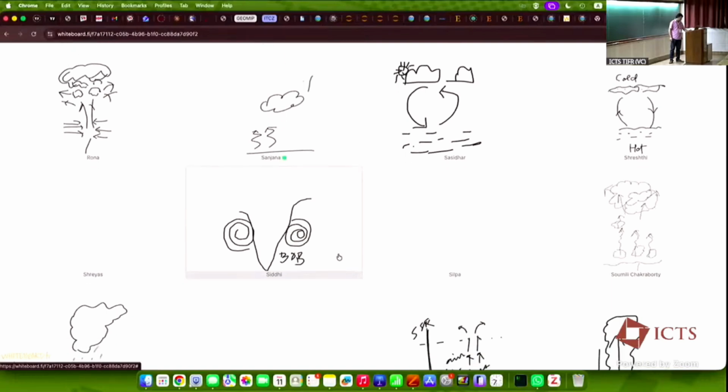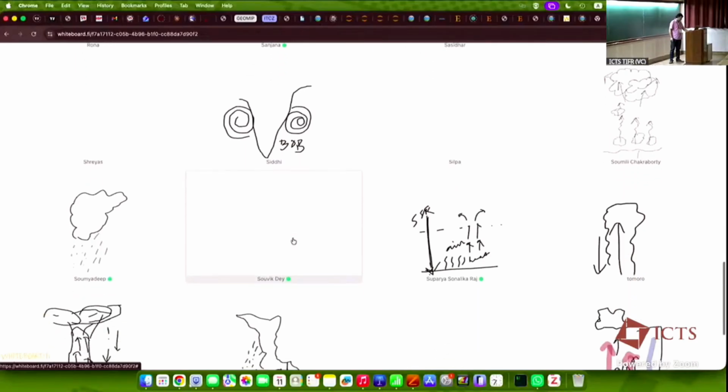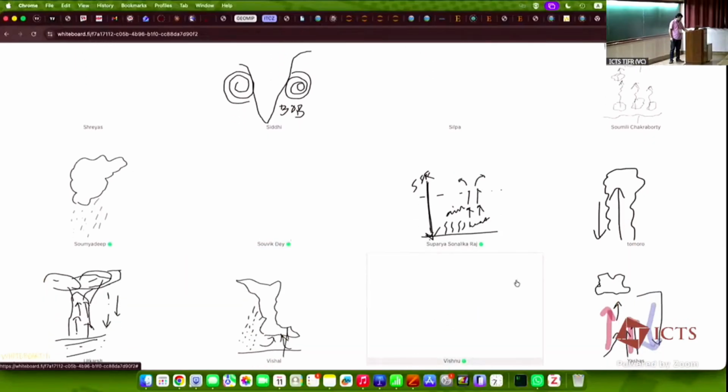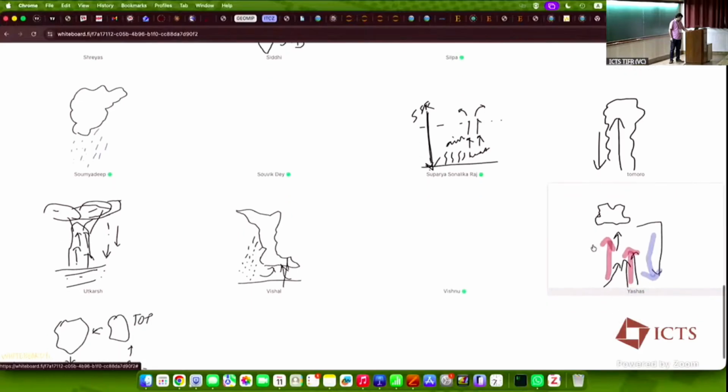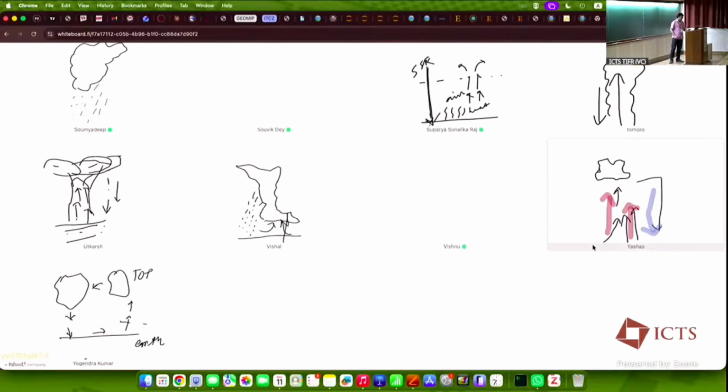Somebody drew convection in the ocean, the Bay of Bengal. Oh, this is very colorful. Great, this is Vishal.